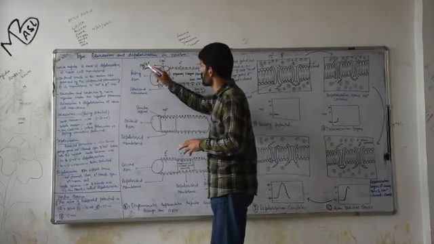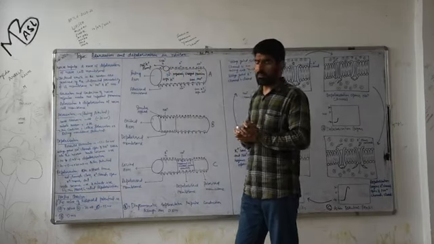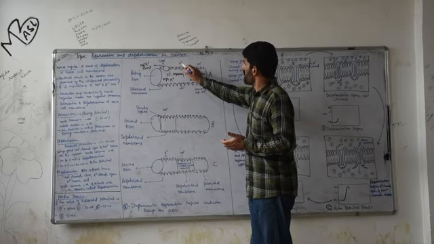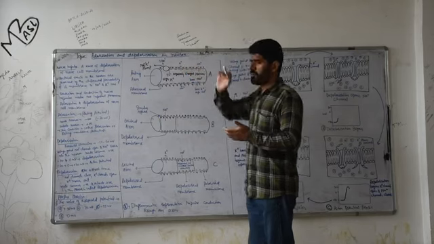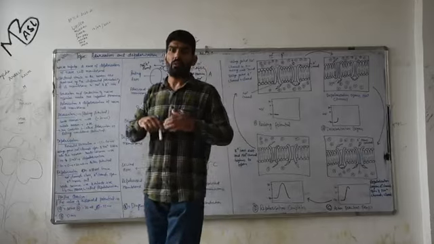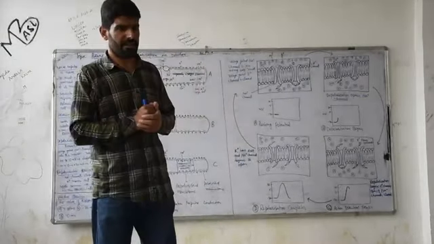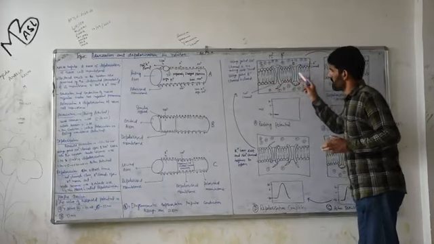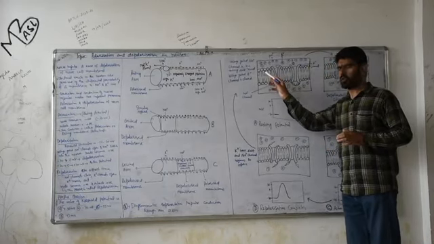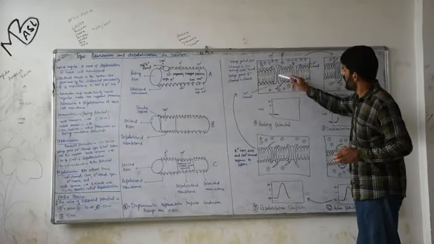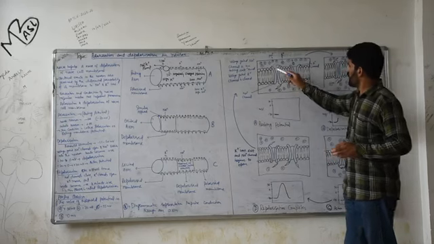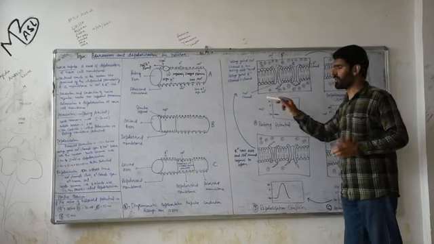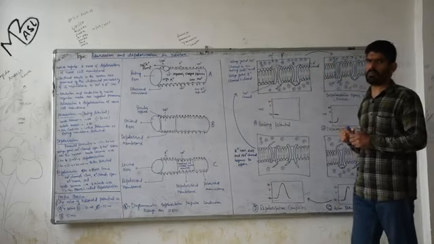This is called the sodium potassium pump. Besides this, there are sodium and potassium voltage gated channels. Look here, this is a part of the neuron membrane. You will see in this diagram these are the sodium channels, these are the potassium channels.